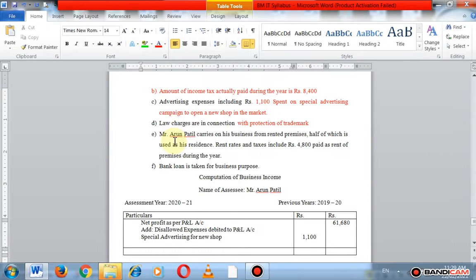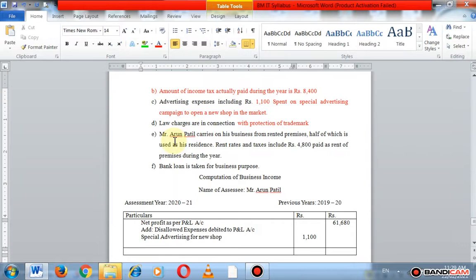Next adjustment, rent. Half of the premises is used for residence purpose and half of the premises is used for business purpose. Rent is paid, rupees 4,800, for the whole premises. Residence purpose is a personal expenditure of the assessee, so the residence rent is disallowable.